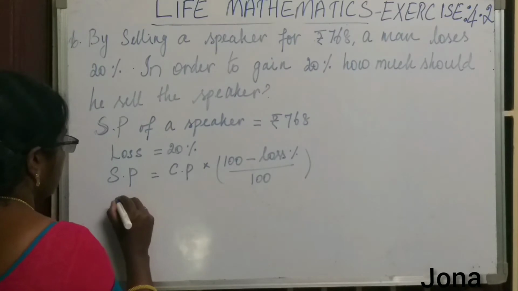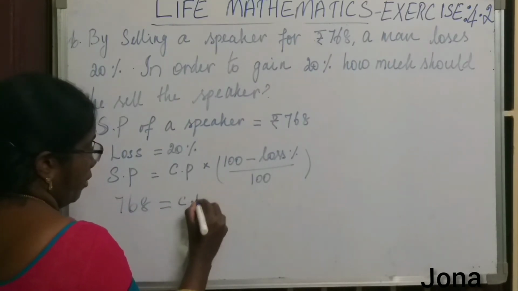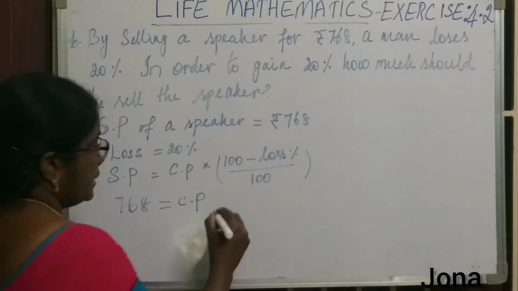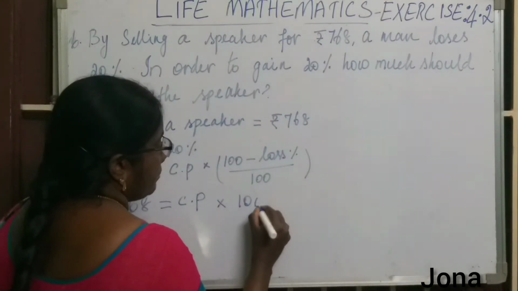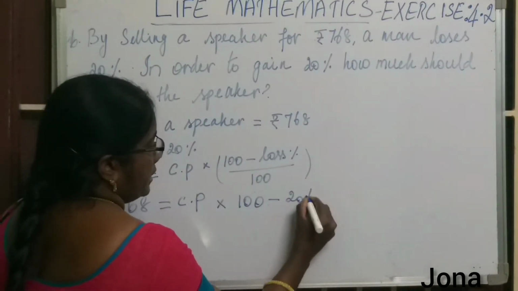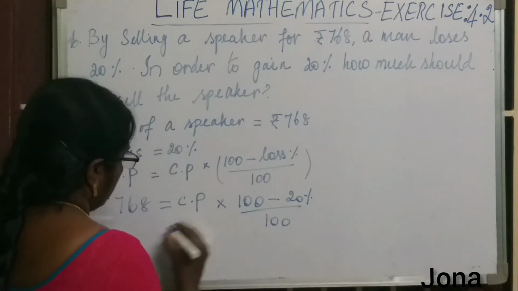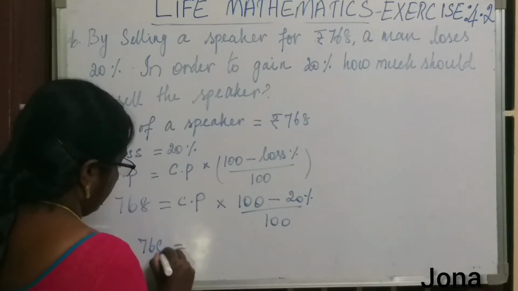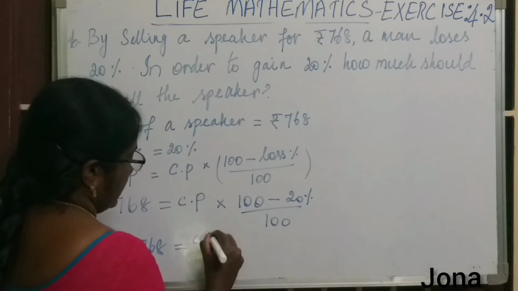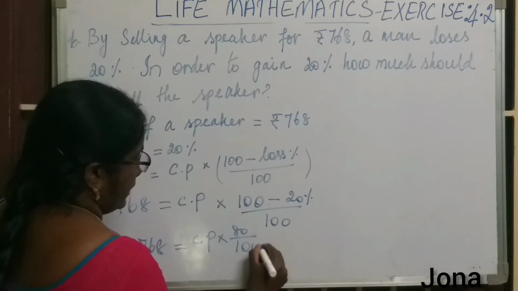That SP is 768 equal to CP, we want to find, so keep as it is, into 100 minus that loss percentage is 20 percentage, divided by 100. So 768 equal to CP into 80 by 100.